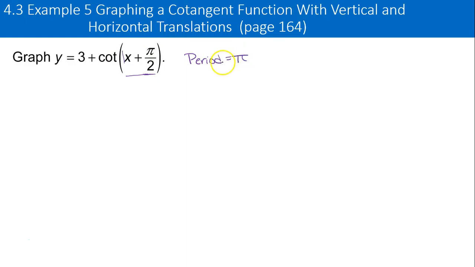And then let's find the vertical asymptotes. Well, vertical asymptotes for a cotangent function are normally bx equals 0 or bx equals pi, and you plug in your value of b. Well, since we have a phase shift, we actually can do this.